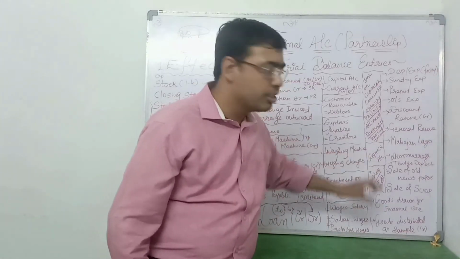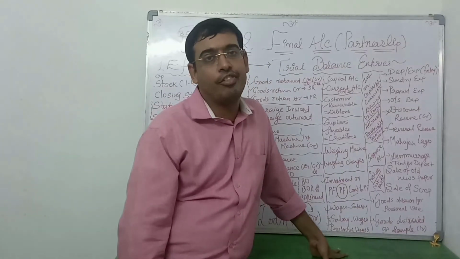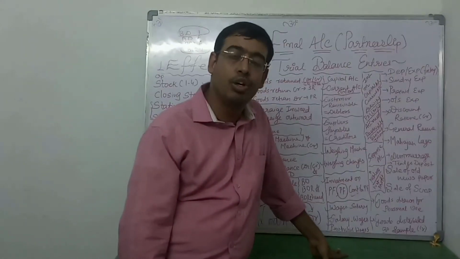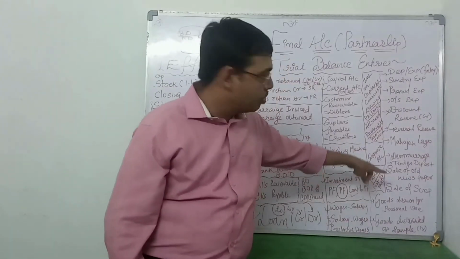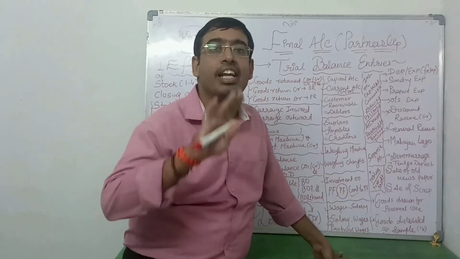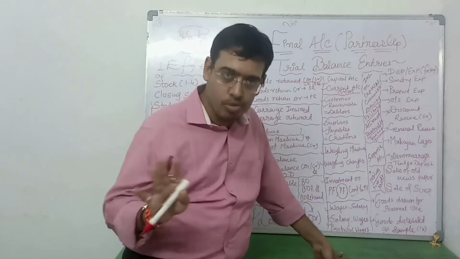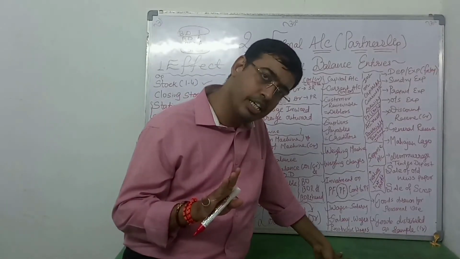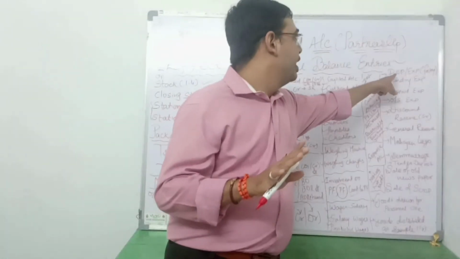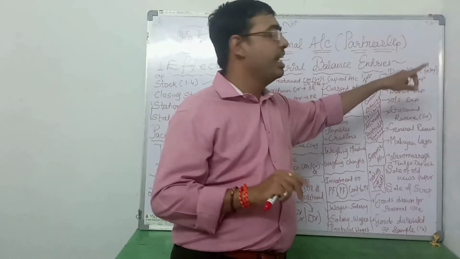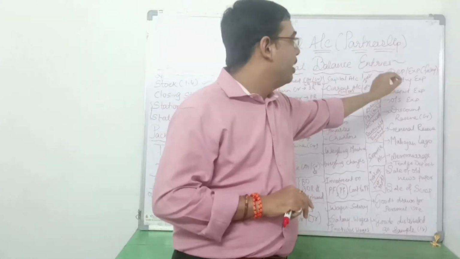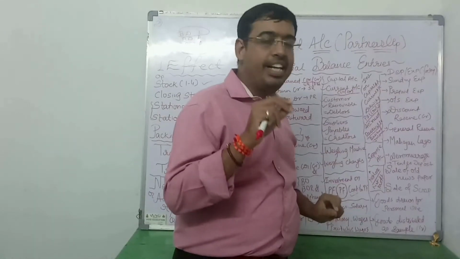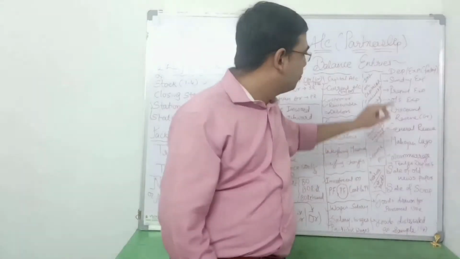So this suspense account needs to be rectified by getting adjustment. So it is also like net profit or net loss. It is also not to be written anywhere in your final accounts. Clear?